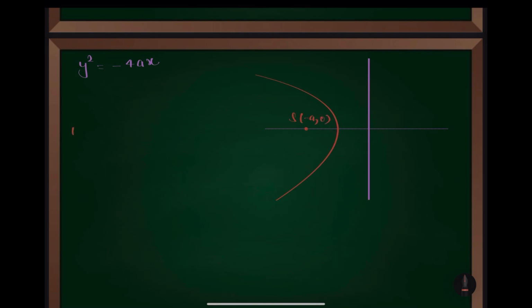Okay, so focus is minus a comma 0. Now vertex will be at 0 comma 0, and then this point will be a comma 0. Okay, so directrix will become x equals a.